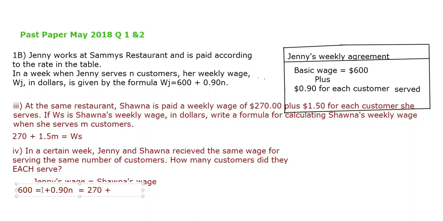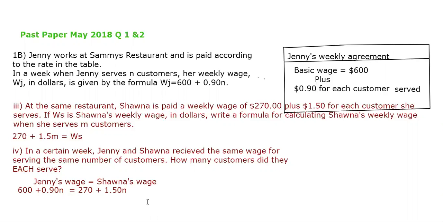Now, Shauna's wage is what? $270 plus $1.50. You don't have to write the $1.50, you can just write 1.5, right? You don't have to write all of it, but I'll be using both digits. So 1.50 times n. Right? So that is their wage. Good? And they are equal.